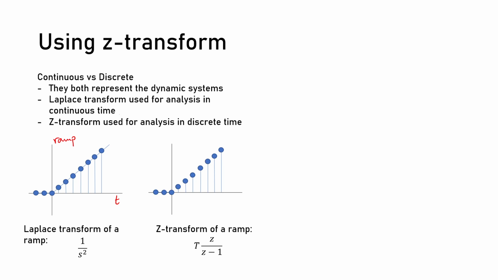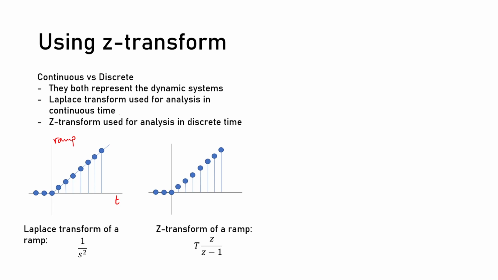When you look at this curve, please just see the continuous time, the lines. Ignore the dots. I just made it to make it easy to compare between this and this. Actually, for continuous, you just have the solid line. And the Laplace transform of this ramp is 1 over s squared, right?